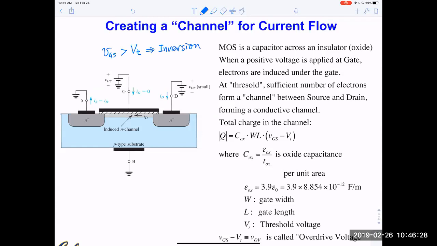Inversion means now I have a channel between my two other terminals. I call this terminal the source, because it's a source of electrons, and I call this terminal the drain because it's draining electrons. In between, by applying gate voltage, I have a channel. This channel consists of electrons.